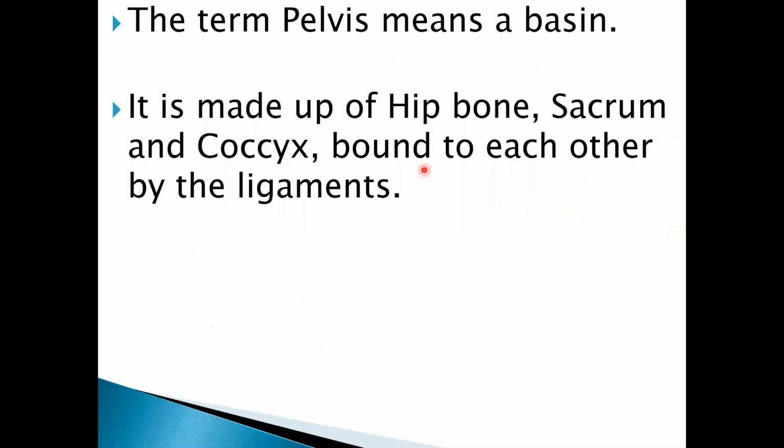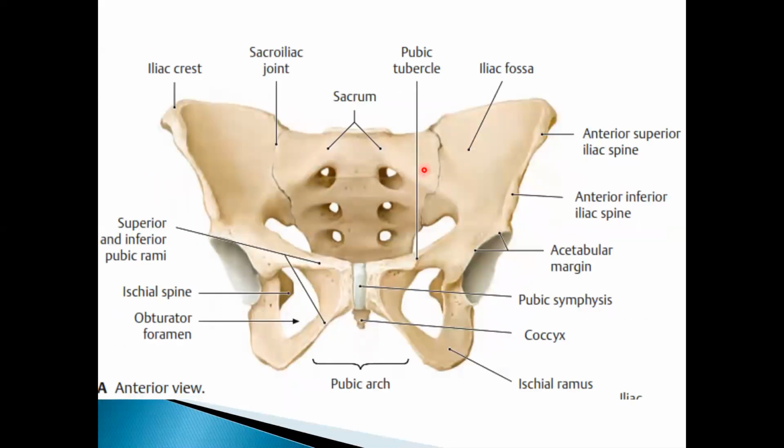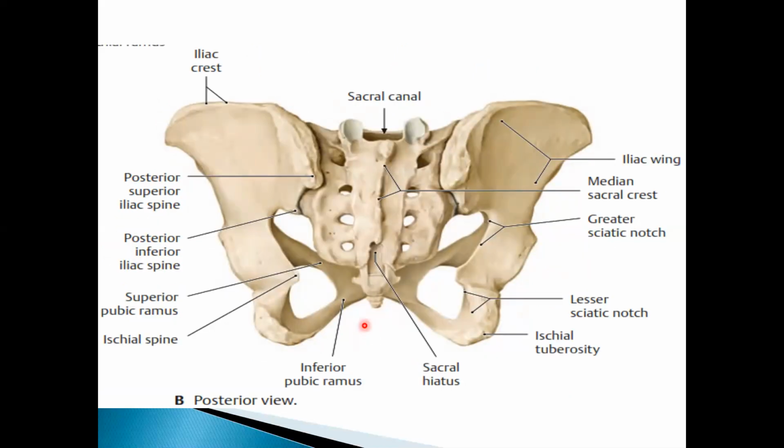The term pelvis means a basin. It is made up of the hip bone, sacrum, and coccyx bound to each other by ligaments. The anterior view of the pelvis shows the hip bones, sacrum, and the coccyx. Here, the posterior view of the pelvis shows the two hip bones on both sides, sacrum, and the coccyx.